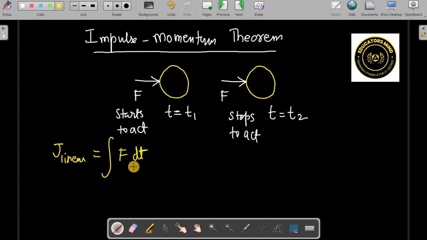That's in general. Now, let's say its velocity has changed. Initially it was moving with a velocity of, let's say, u, and now it is moving with a velocity v. So this is the linear impulse. This is the change in momentum, let us say. Delta p is the change in momentum.